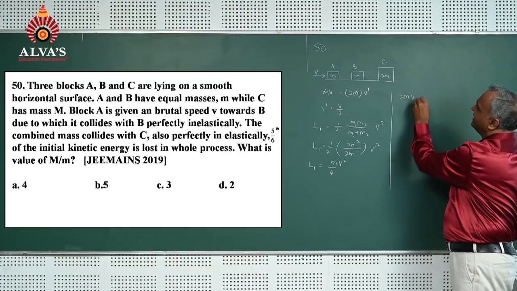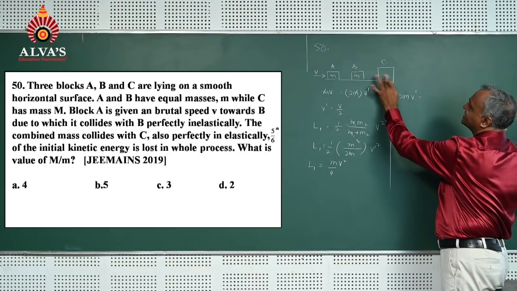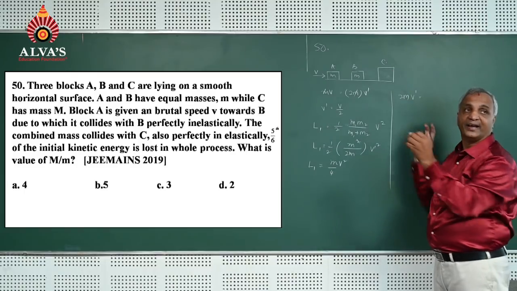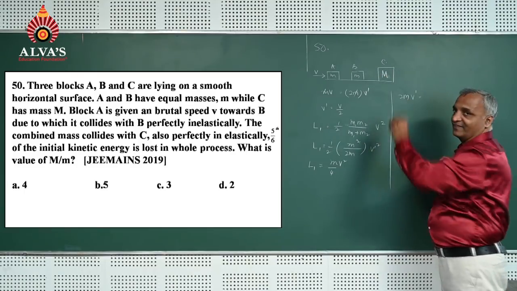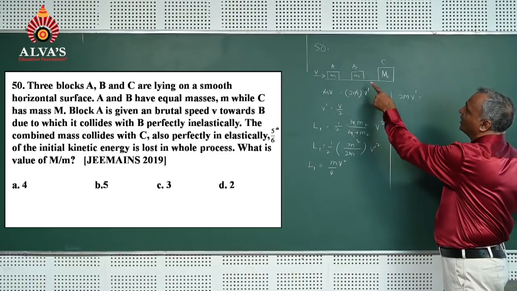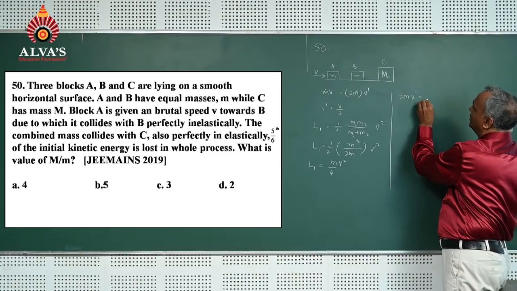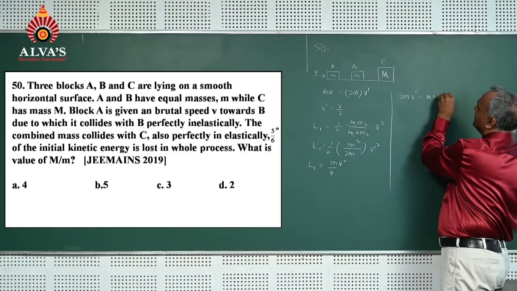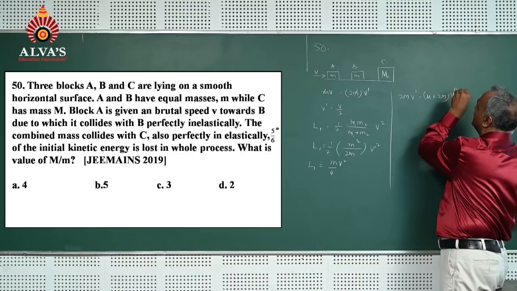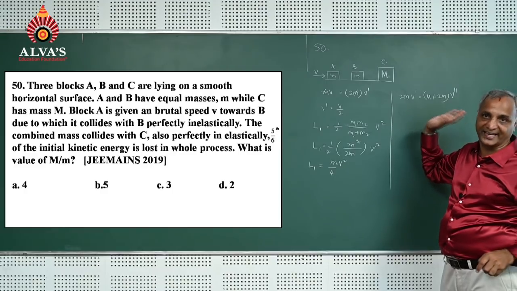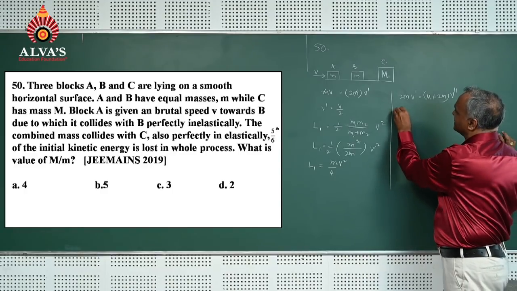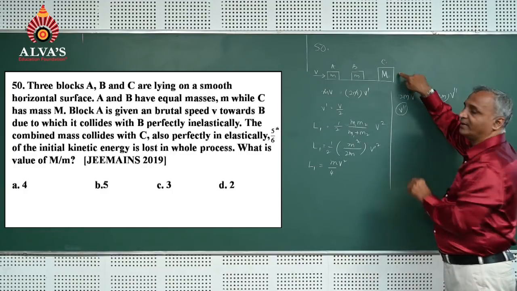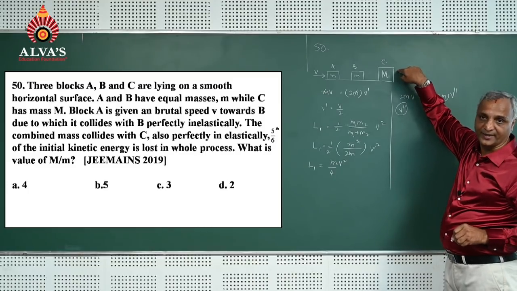This mass is given as, sorry, it's not 2m, it is given as capital M. So 2m into v dash is equal to capital M plus 2m, they will stick together and move with a constant velocity v double dash. Of course, using this you can find out what is v double dash, but it is not required here.